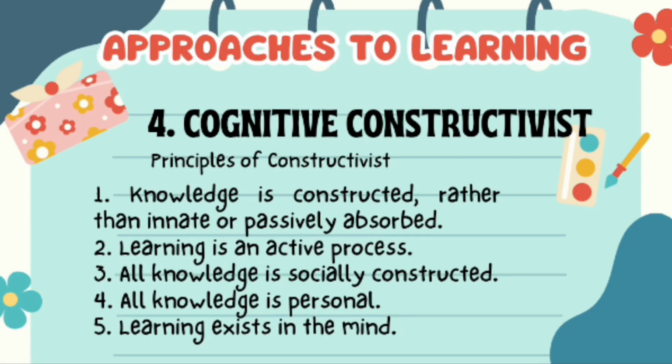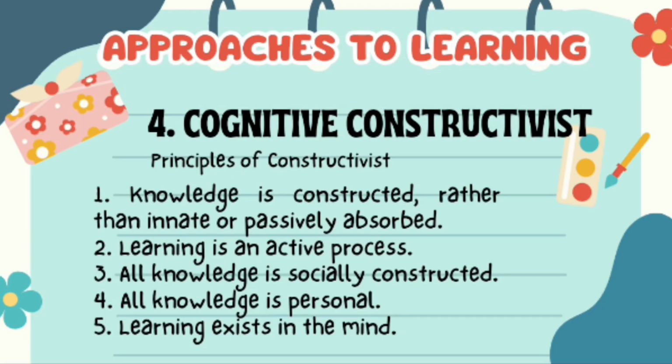This approach supports student-centered learning. Instead of just receiving information, students are encouraged to investigate, use hands-on activities, and discover concepts on their own. So, in conclusion, learning is a continuous process influenced by experience, environment, observation, and personal effort.